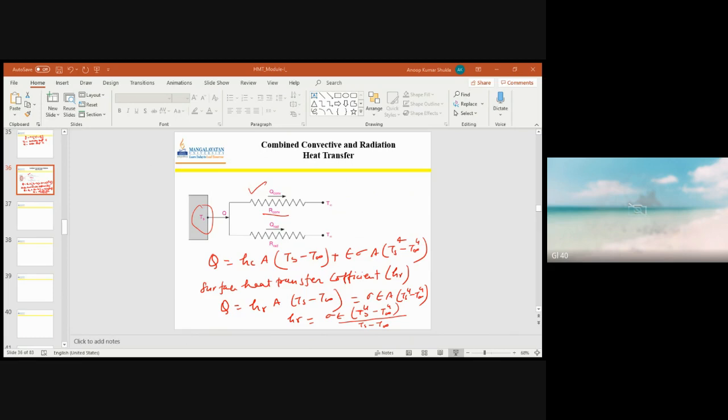So the convection and radiation heat transfer coefficients Hc and Hr come into this. We can calculate with the help of these relations in the case of combined convective and radiative heat transfer.